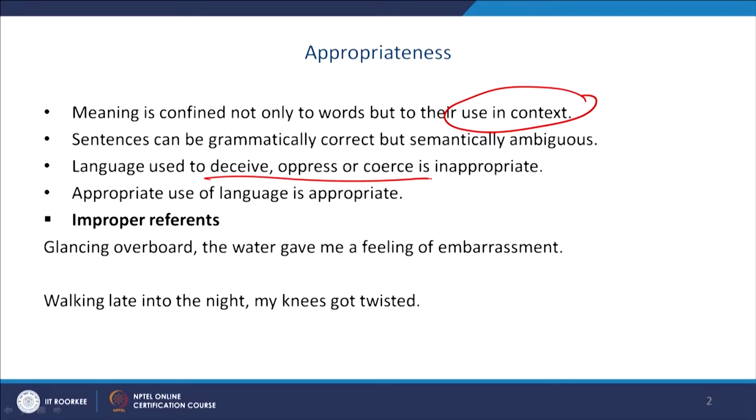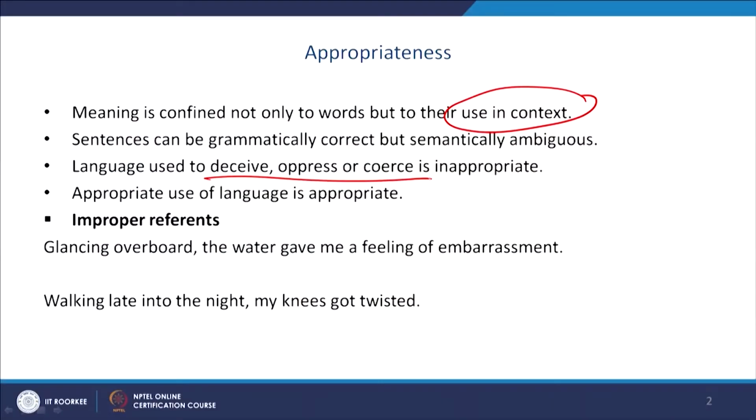But then honestly speaking, we do not want to deceive people, we do not want to oppress people. There are some situations where you want to get the desired meaning or get your desired aim fulfilled.